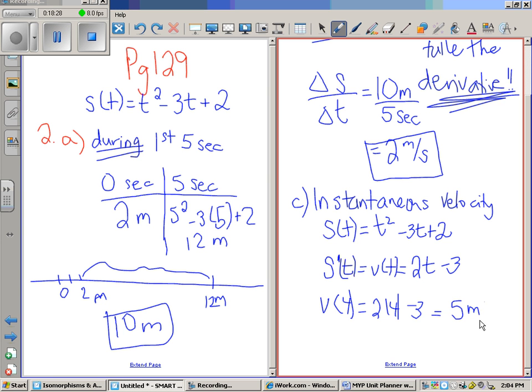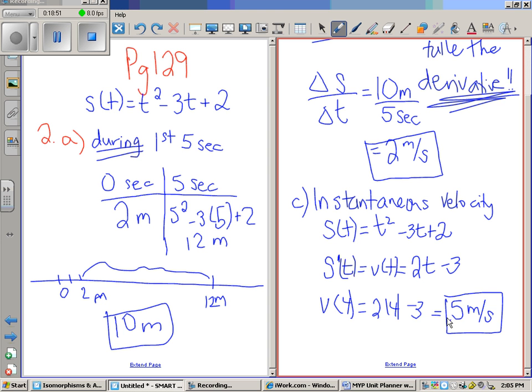And again, units are very important. 5 meters per second. So it's not bad to point out this particle must have been moving quite fast at 4 seconds, because look at what the average was right here. This is the average 0 to 5 seconds. The average velocity was 2.